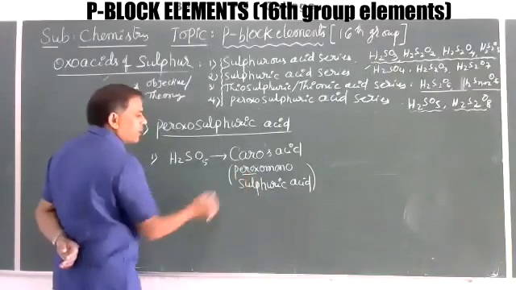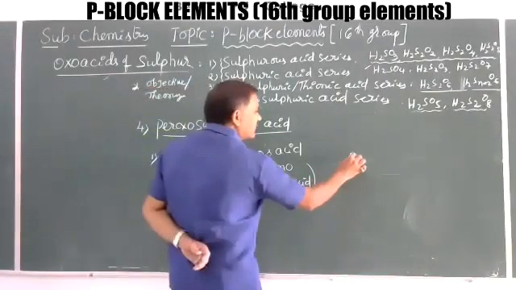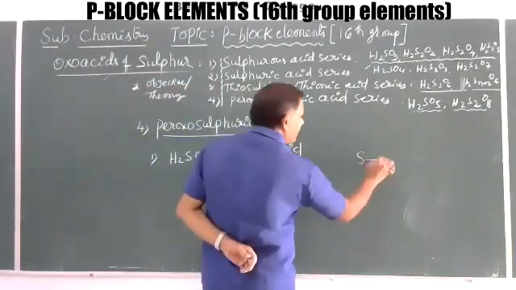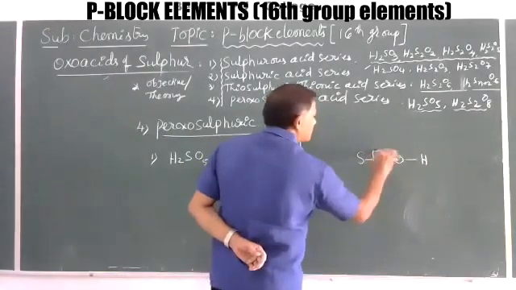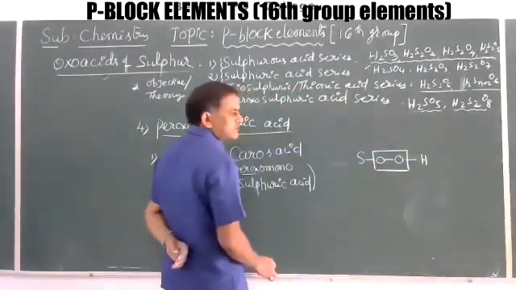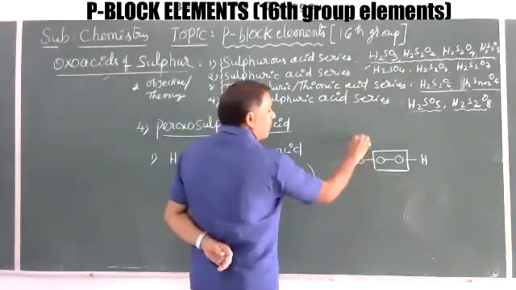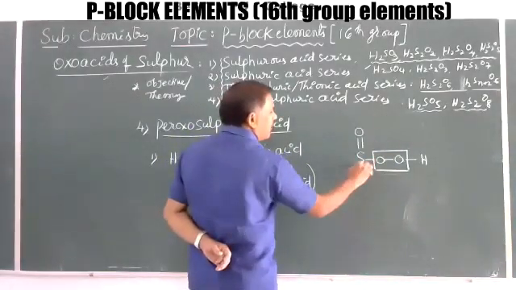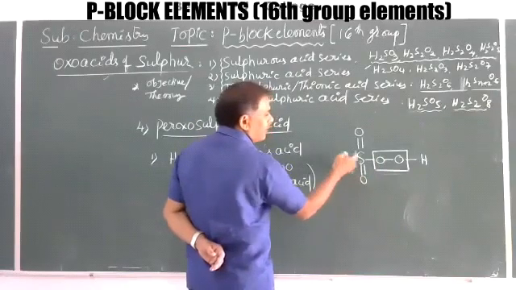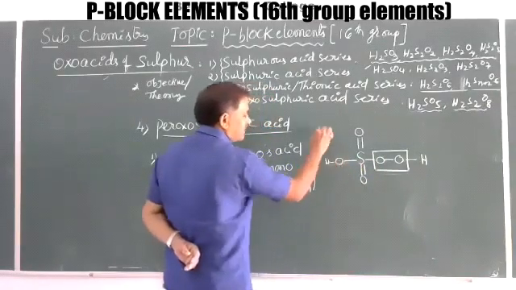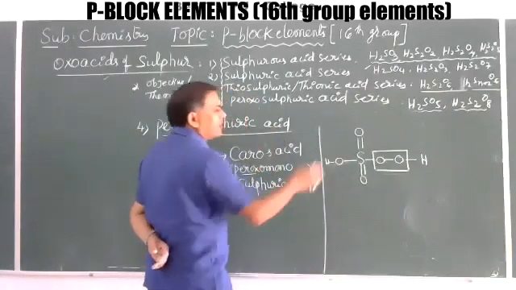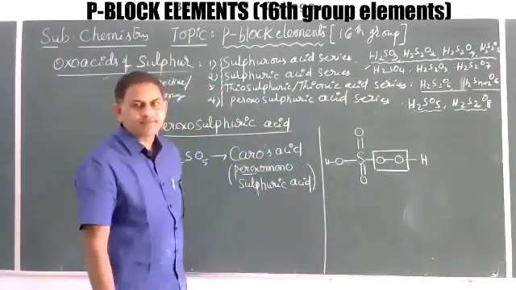There is a peroxo linkage, that is sulfur, oxygen and oxygen. There is a peroxy linkage, that is O-O, and here oxygen is connected with a double bond to the sulfur, like this, and this is H. This is the structure of Caro's acid.